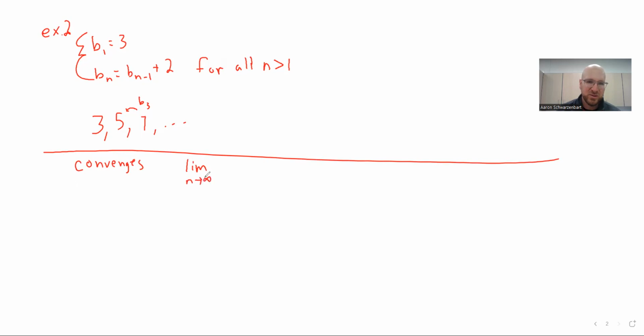A lot of times we had horizontal asymptotes, and we'd talk about our graph going towards maybe 12. So we would say it's a sequence that's converging to 12.